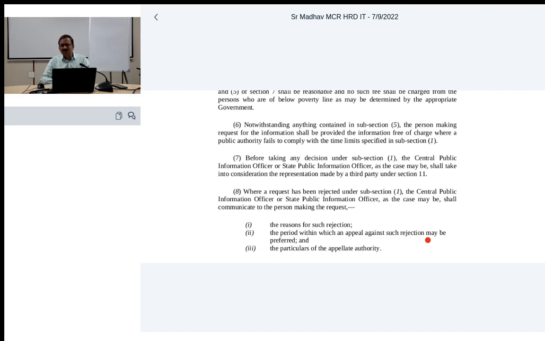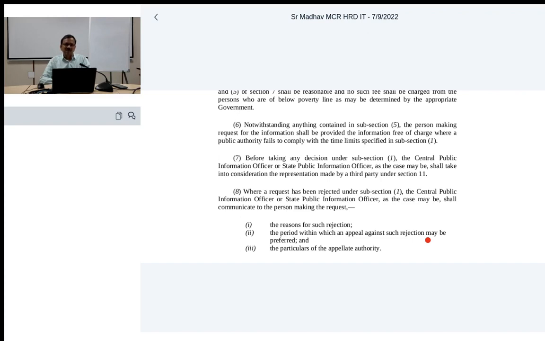But if the PIO chooses not to disclose, because there is a sensitive issue, sensitive information, in such case, the PIO has to issue a speaking order under section 7(8), detailing the reasons and detailing the requirement of timelines to be followed in case of appeal, and who is the appellate authority. The name and designation of the appellate authority should be provided here.